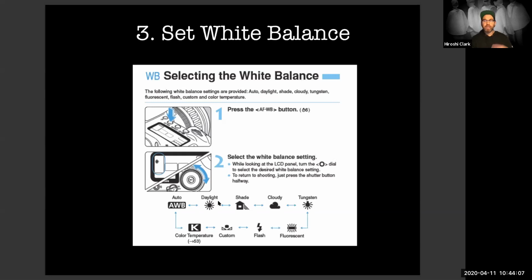The raw file is just recording information. It's not making any white balance adjustments when it's recording. The white balance adjustment is more for when you're viewing the image on the back of the camera so you can see what you're going to get. Does that make sense to everybody?